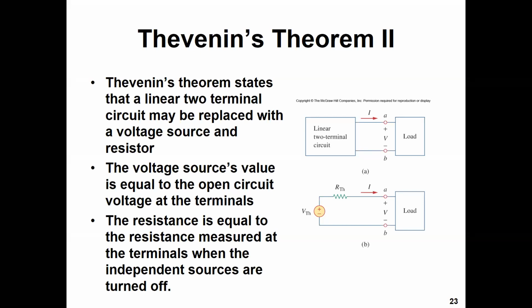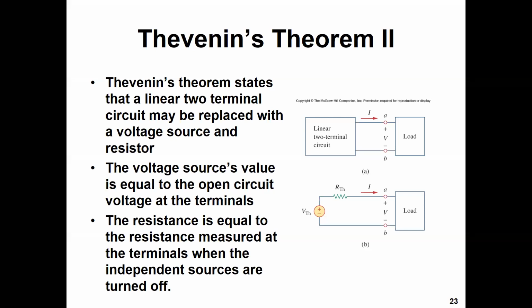So this is what the Thevenin theorem is about. Complicated circuit, too many resistors, too many sources, we reduce all of these into a voltage source and a resistor.